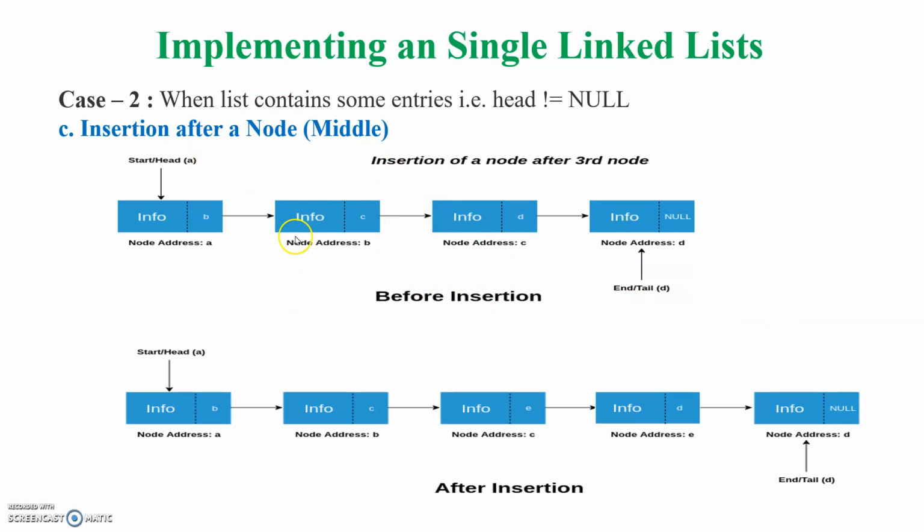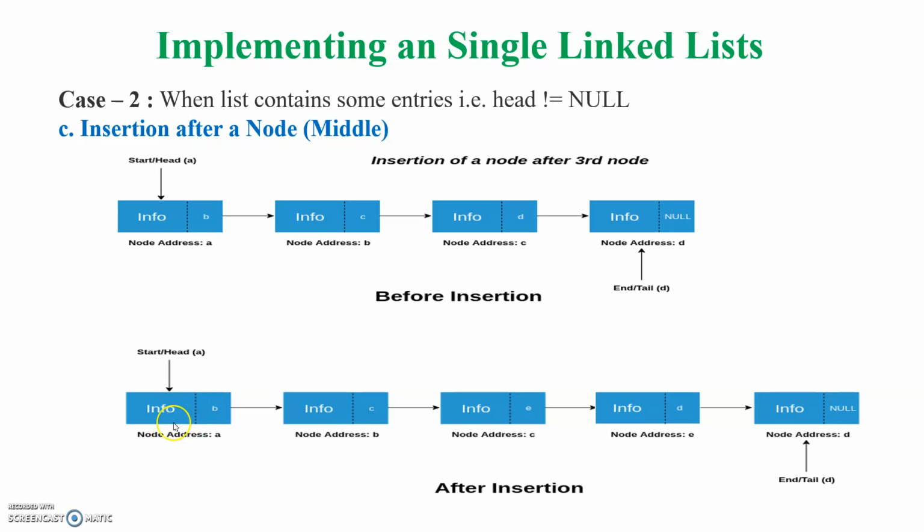This is the third scenario. Here we are going to consider a node which is going to be included in the middle of a particular linked list. In this example, I have 4 elements and I am trying to insert an element at the third location. So my singly linked list is going to start from the head.